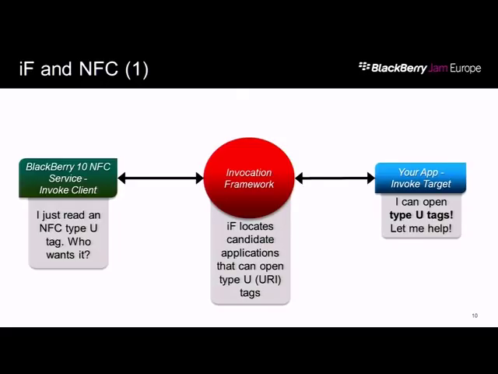You've already registered. In this particular case, we'll say type U tags. That's URI tags. You've said, I'm interested in those. So you register your application with the Invocation Framework. The BlackBerry NFC service says, I just read one. The Invocation Framework locates you and therefore can invoke your application as a target. You get notified on the reading of a tag of a particular type. That's one role where the NFC service is the client and your application is the target.